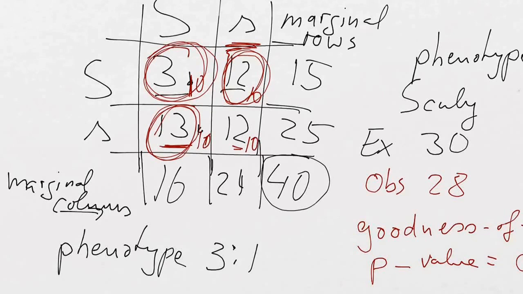No difference between observed and expected. Yeah? That's for the chi-square test. What about the genotype? I simply write down the same grid again.